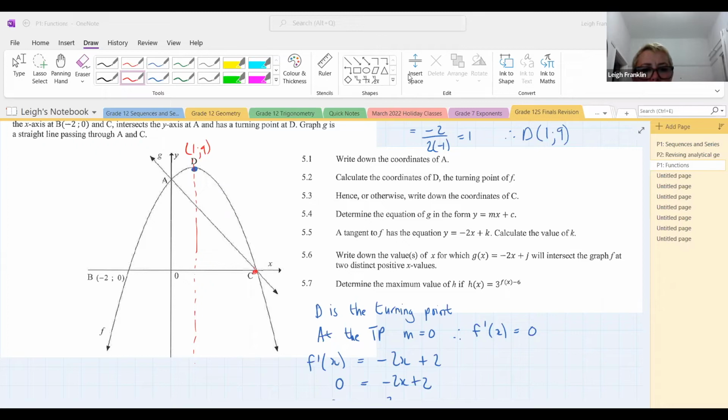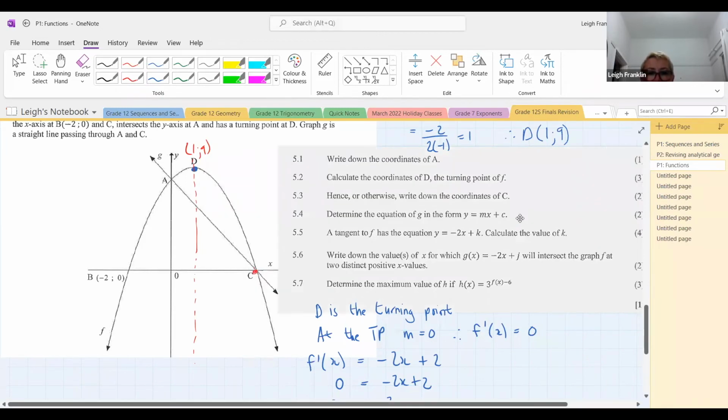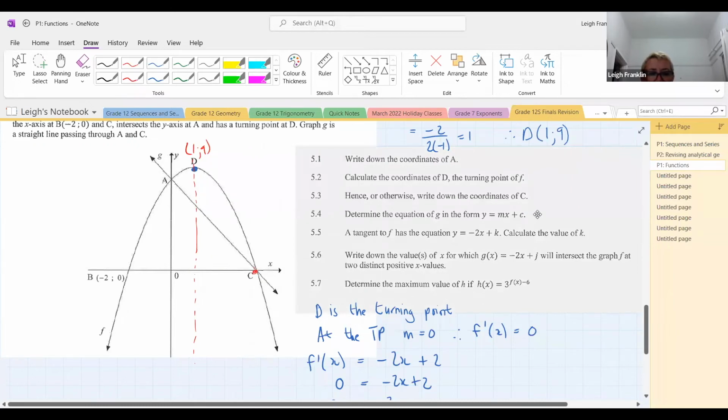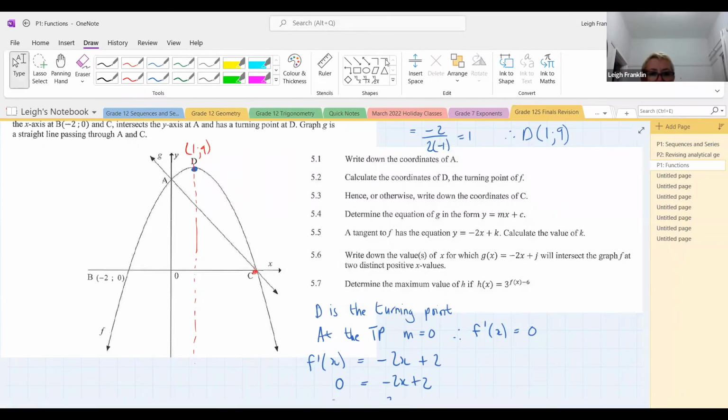We don't have to sub into a formula, Tyler, because they've just said to us, write down the coordinates of C. So it's literally a case of just writing down the answer.